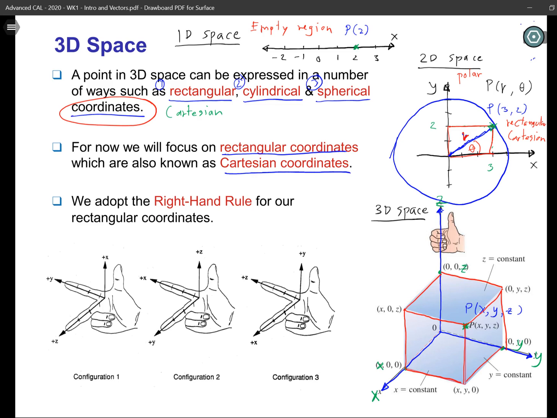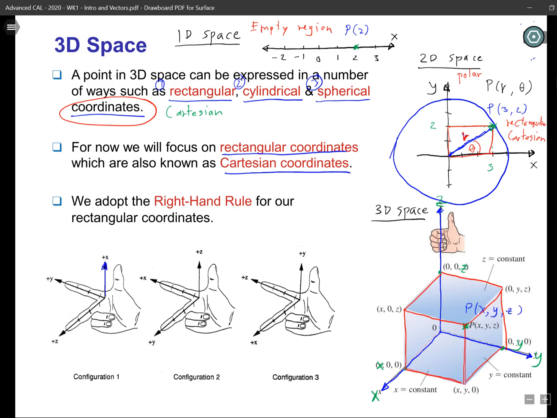The order can be moved around. I mean, the XYZ can be turned around. So it doesn't have to stay like this. But the order of XYZ has to follow the right-hand rule. So let's take a look here. What if I want to put the x-axis to be vertical like this?